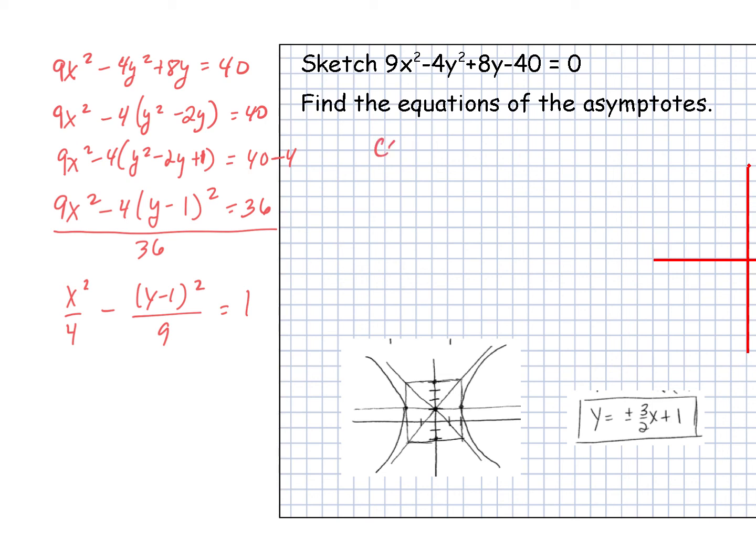So I have a center at 0, 1 this time. I have vertices. This is horizontal, so I'm adding my a, which is a 2. So 2, 1, and negative 2, 1. So far, so good.